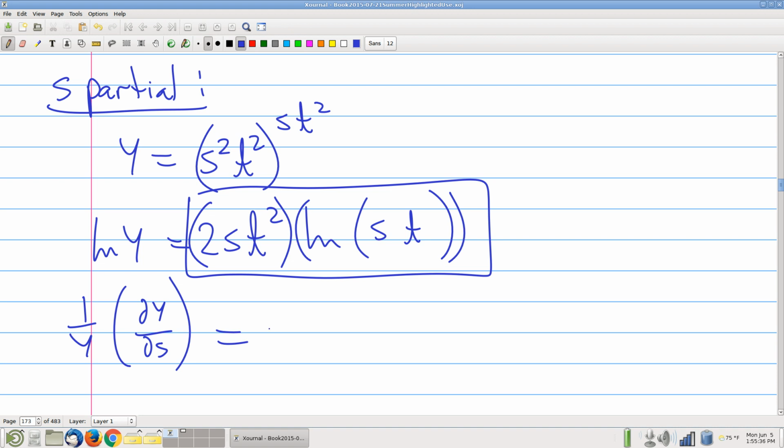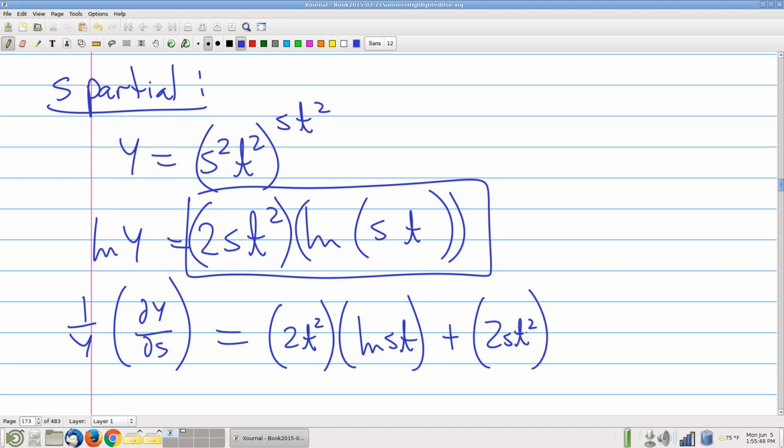All right. So I get 2t squared times log of st, and then plus 2st squared. And now I got to take the partial of log st with respect to s, and that's 1 over st times the partial of the inside with respect to s, which is t.